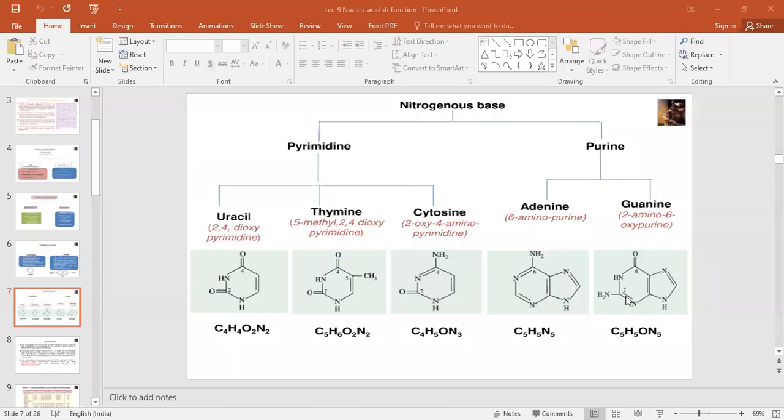The same way, you have to draw the structure of purine first of all: N, C, N, C, C, C, N, C, N. Give the numbering starting from this nitrogen anti-clockwise, then put the double bonds, then put these groups, 2-amino and 6-oxo. At the second position, join the amino group, and at the 6 position, join the O group, double bond O group. Okay, so in this way you can draw the structure step by step of the purines and the pyrimidines.